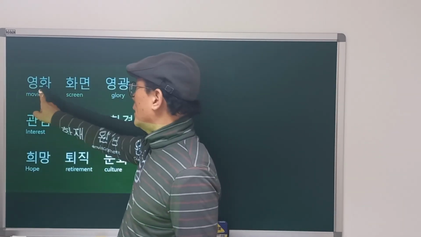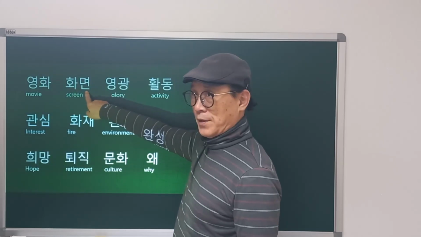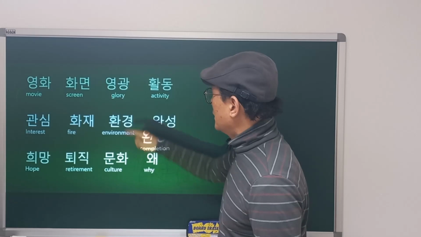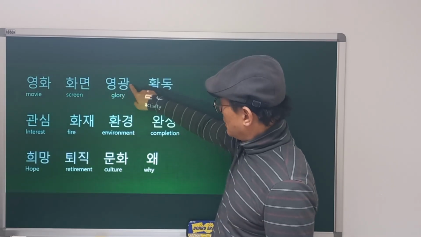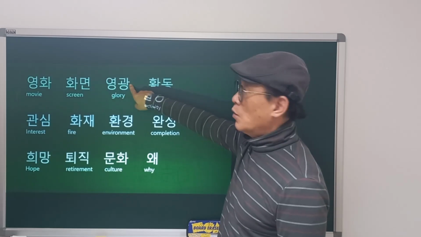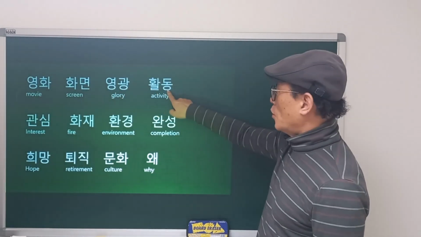영화, 화, combined vowel. This is same as 화면. Screen. 영광, 광, 와, 광. 활동.